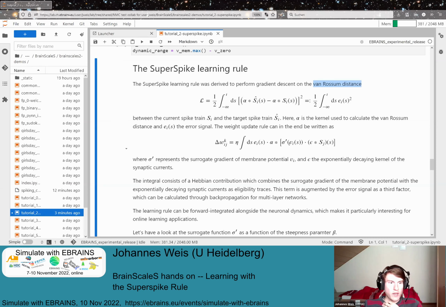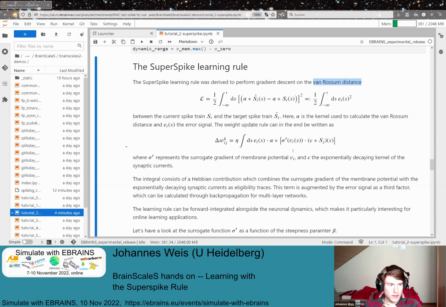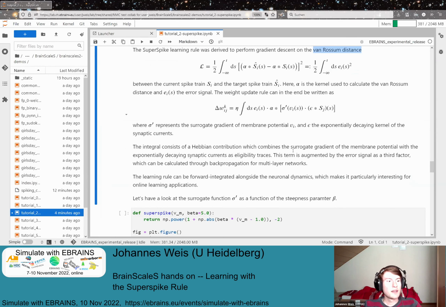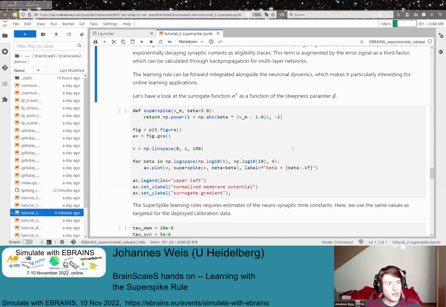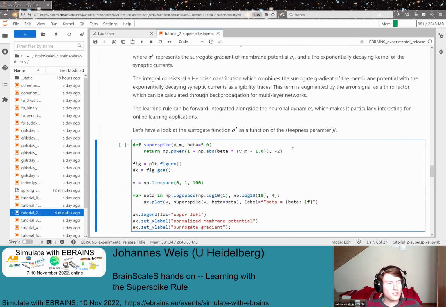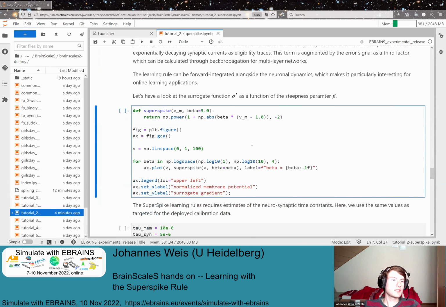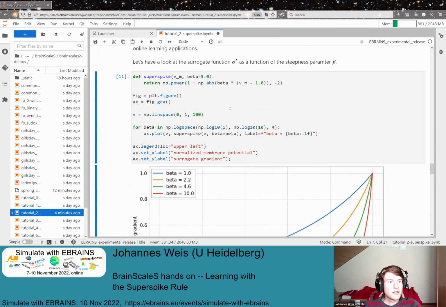Now we have the membrane potential here, Vi, and we take a surrogate gradient sigma prime of this, which we will now investigate. There are multiple possible functions according to the paper of Friedemann Zenke for this gradient, but we will use this one here.